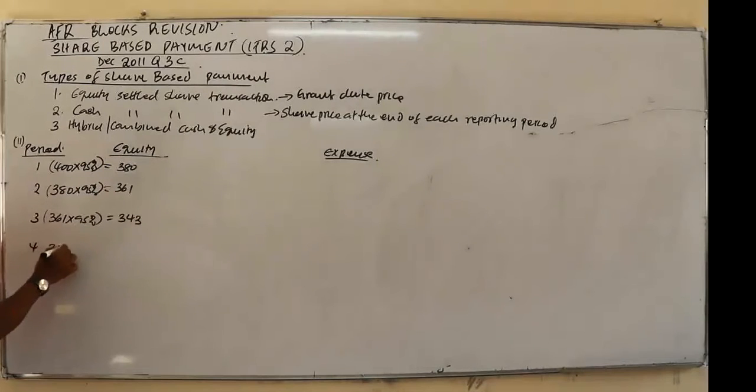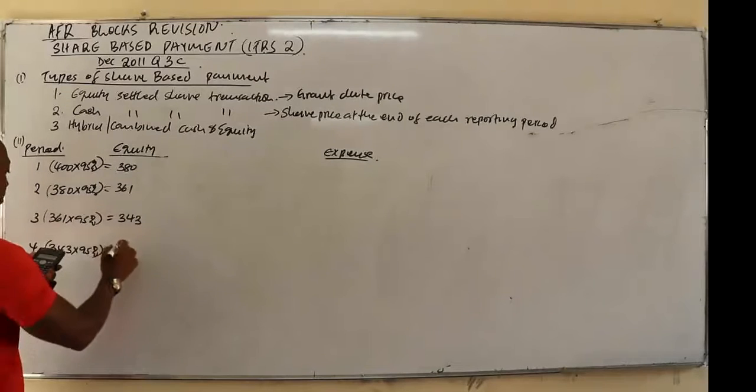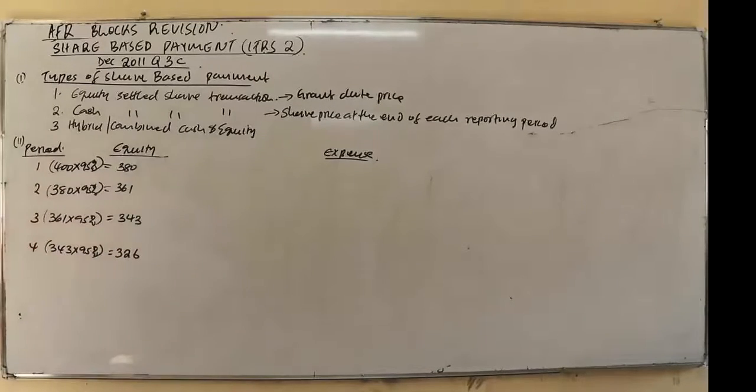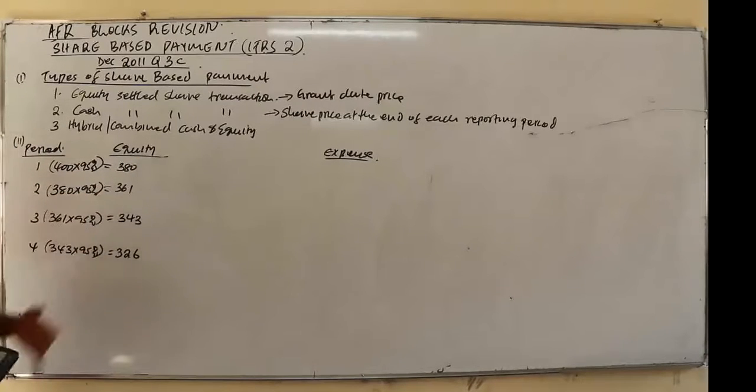And then 343 times 95%, you get 326 employees, which is the same as taking 400 times 0.95. The second year, you take 400 times 95 times 95. You still get the same.